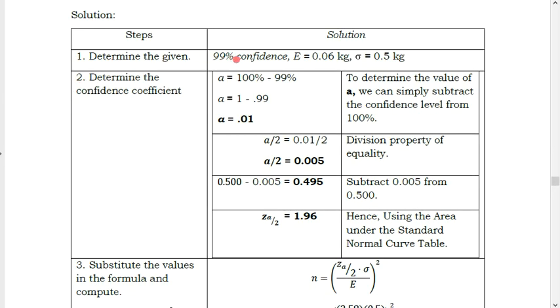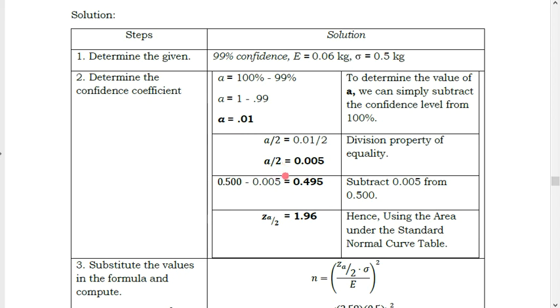Okay, first determine the given 99% confidence level. We have an error of 0.06 and a standard deviation of 0.5. Determine the confidence level. We have alpha equals 100 minus 99%. So, you will have 1%. And then, division property of equality.